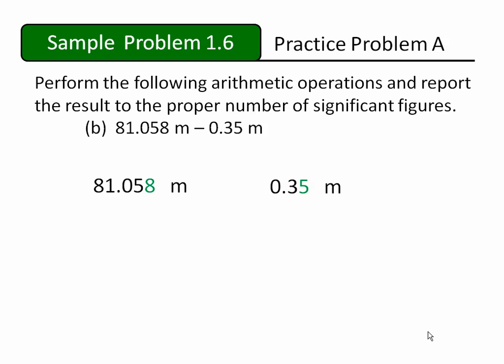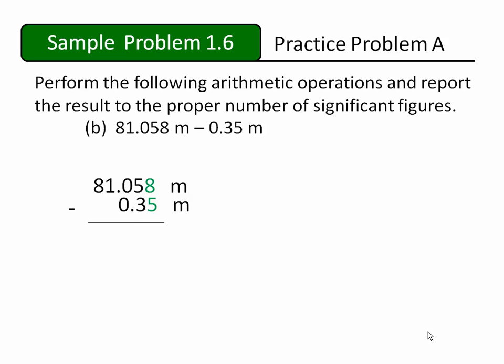The value 0.35 meters has uncertainty in the hundredths place. Of these two values, the value with uncertainty in the highest decimal place is 0.35 meters. Here, the uncertainty is at the hundredths.